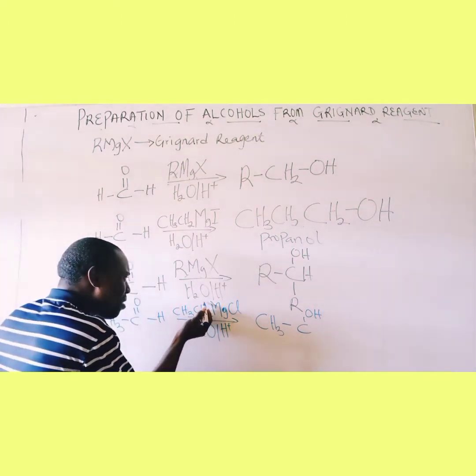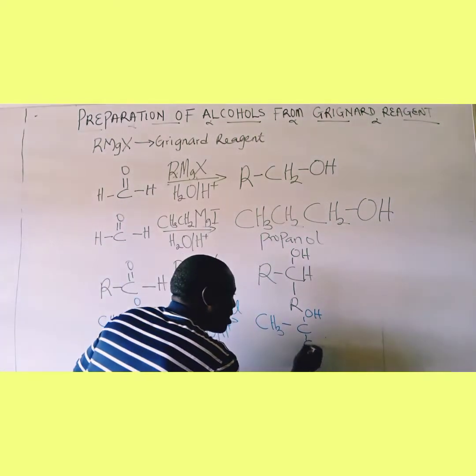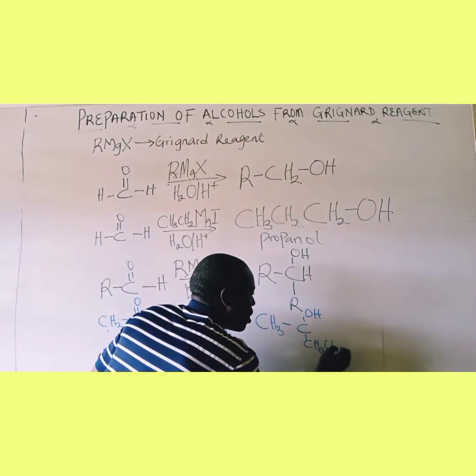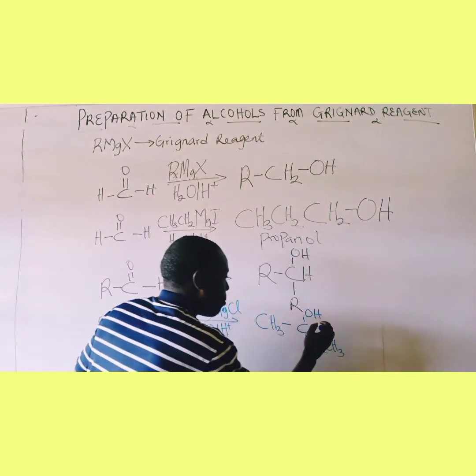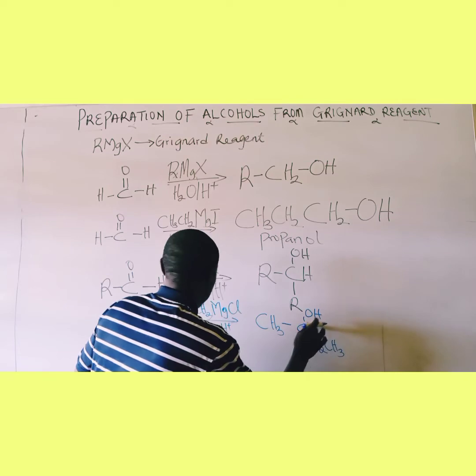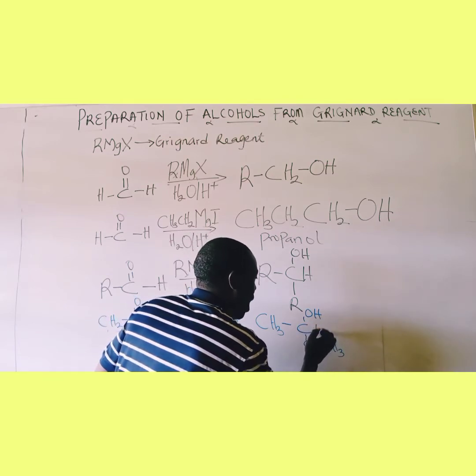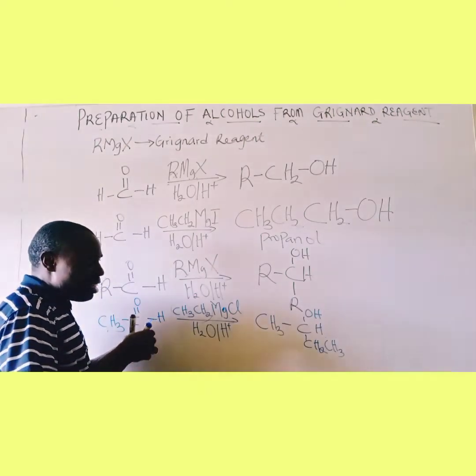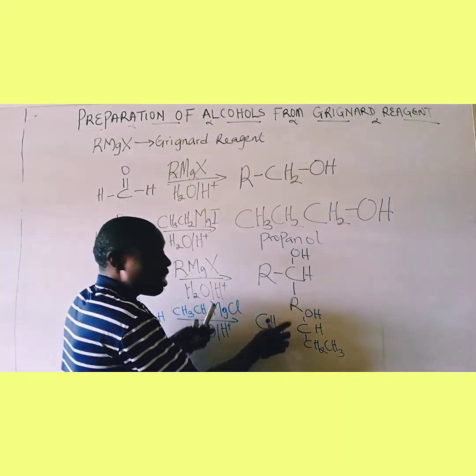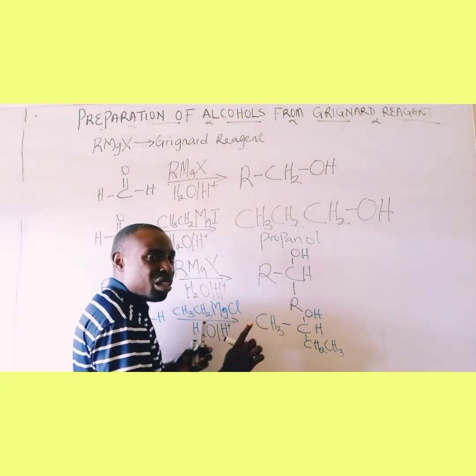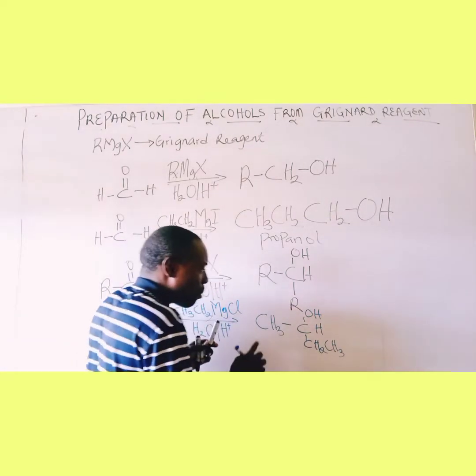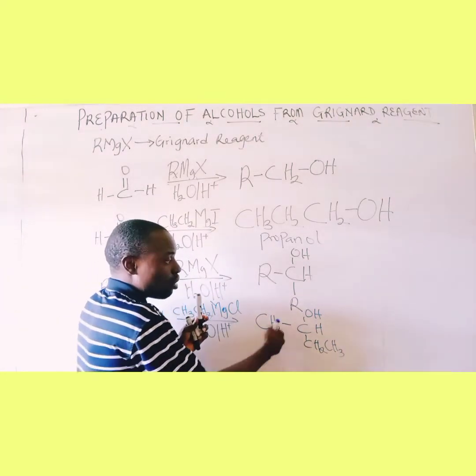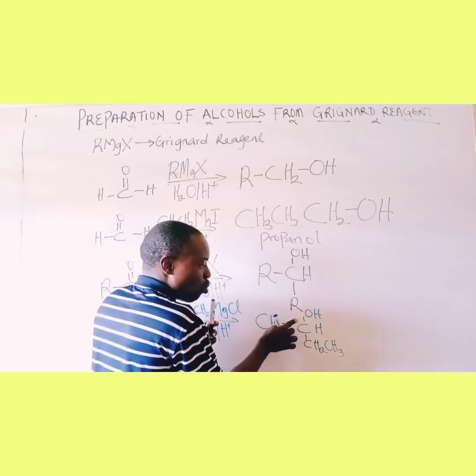Then I'm having CH2CH3, and here is the hydrogen atom. This is a secondary alcohol. The nomenclature will start numbering from the end closest to the alcohol: 1, 2, 3, 4.